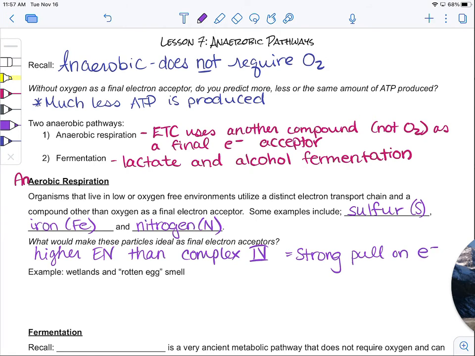And I think a really great tangible example of this is in wetlands, where we have something like a rotten egg smell. Some of you might have heard that that's often called a sulfur smell. What's happening in wetlands and places similar to that, like sewage, is that bacteria are producing some sulfur byproducts.